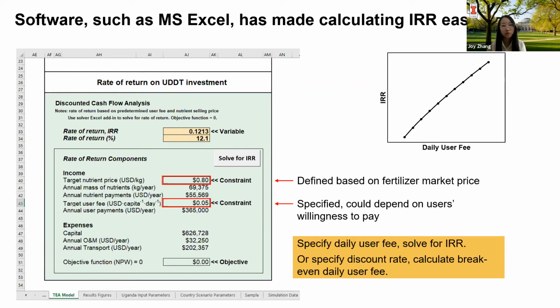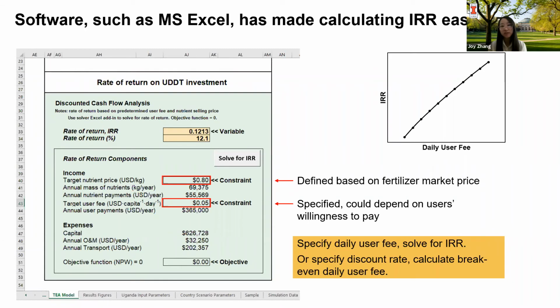And I want to clarify that these 2 variables are not the same as the ones we tried to solve for. In previous analysis, these 2 are the metrics we used. We fixed the discount rate and other parameters to solve for a daily user fee or a nutrient price so that the project can break even the cost of the project.